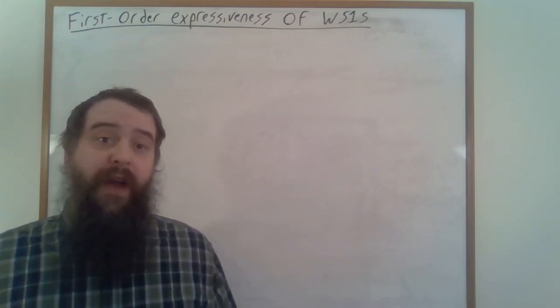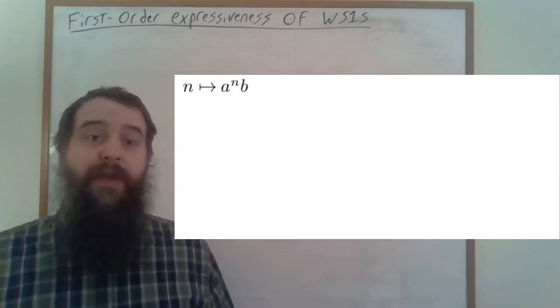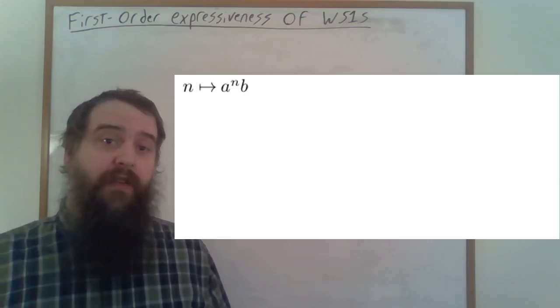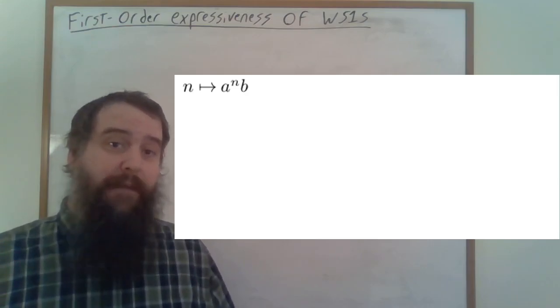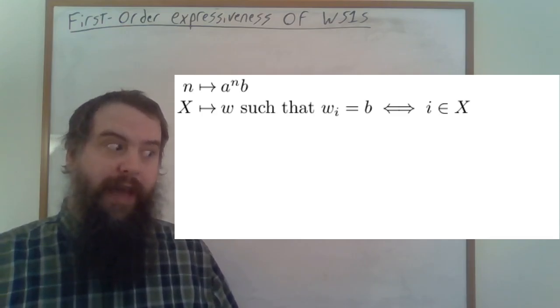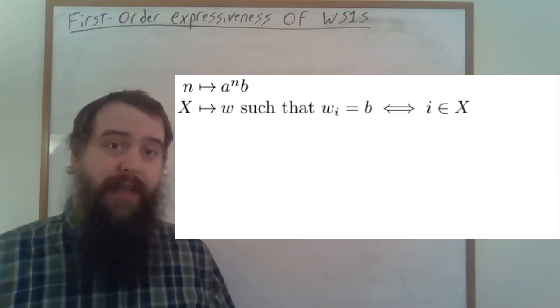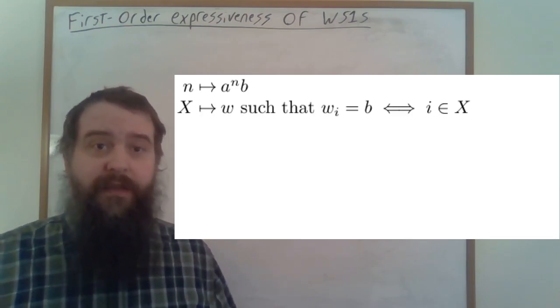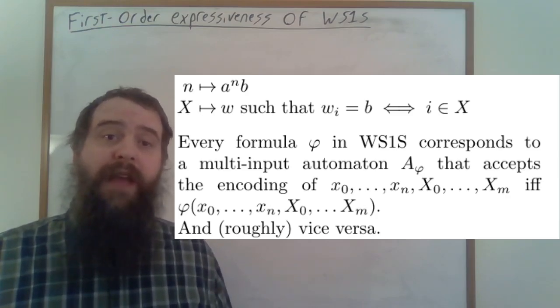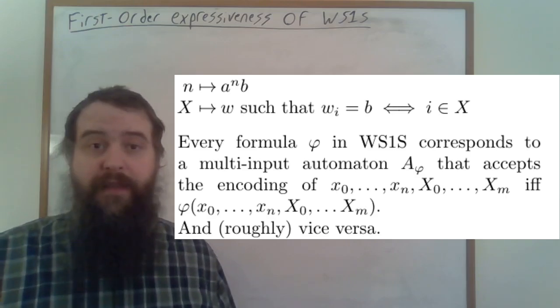In that video, I also gave a complete classification of the things that we could express in weak S1S. If we translate natural numbers n to words of the form a to the n b, and sets of natural numbers to words that have b's in positions indexed by elements of those sets and a's everywhere else, then formulas in weak S1S correspond to regular languages, and thus to finite-state automata.